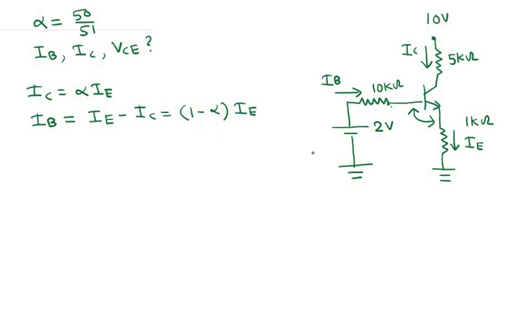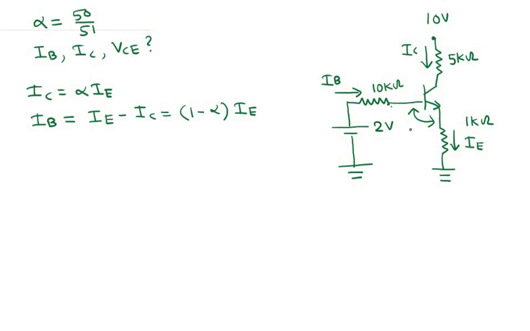We will apply Kirchhoff's voltage law in the base to emitter loop. We start from this 2 volts, then go through this 10 kilo ohm resistor, then through the base to emitter junction where the voltage drop is VBE, or V gamma, or VBE on.